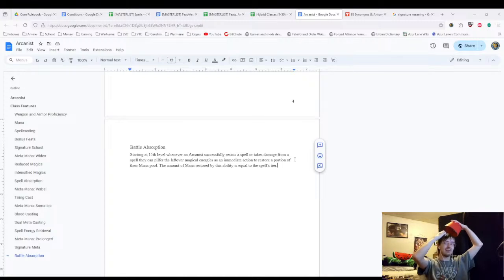I'm gonna have to watch closely when somebody plays a VTC Arcanist to see how balance actually works. I think that'll be 2025. I might sit in, keep track of their mana, and watch it go up and down as they use different abilities to restore pool and not restore pool. But yeah, battle absorption I am satisfied with.